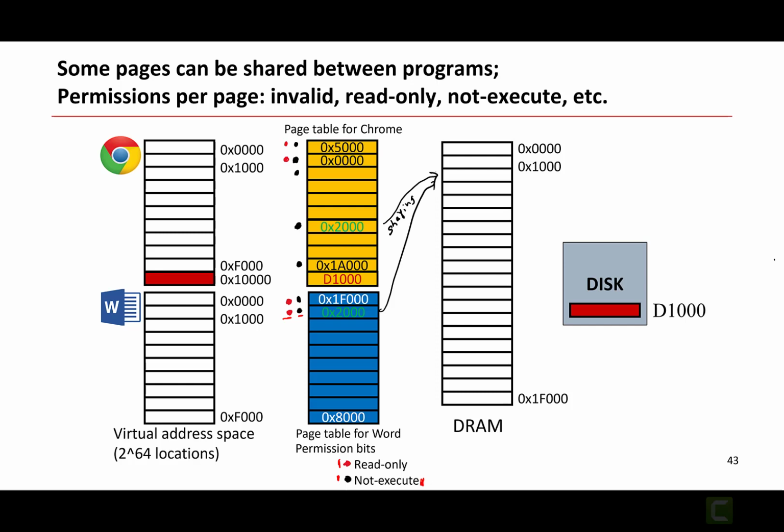The programmer and the operating system may also want to mark some pages as not executable. For example, you want to mark the data pages as not executable. Why is that? Because it's the instructions that should be executable, but you rarely ever want to interpret a data item as an instruction.